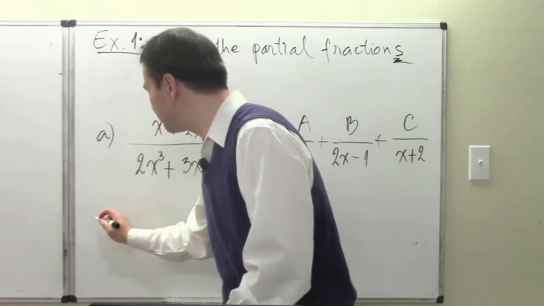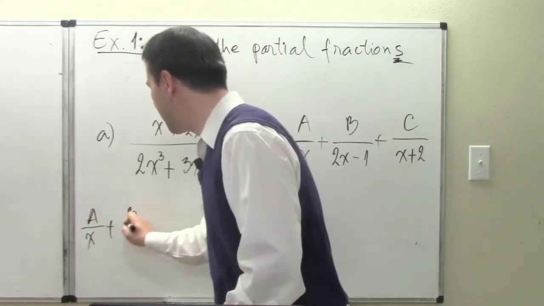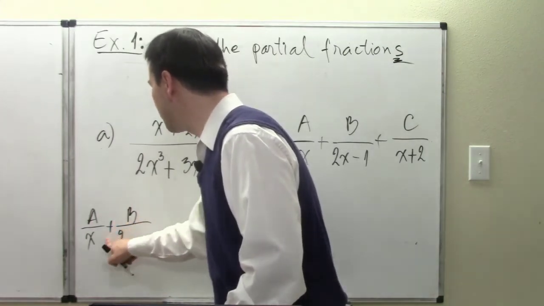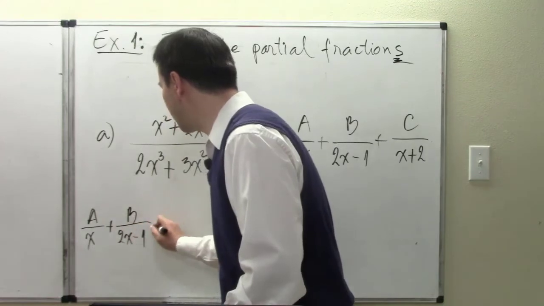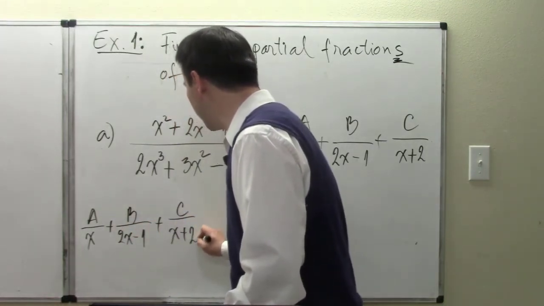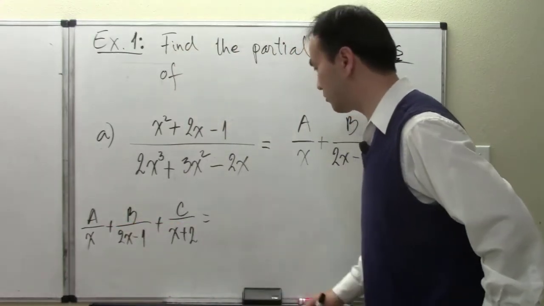So really, A over x plus B over 2x minus 1 plus C over x plus 2. If we really are adding these 3, then we're going to produce the following.